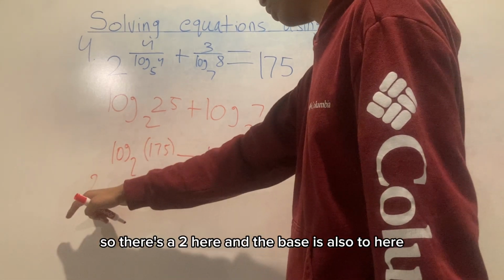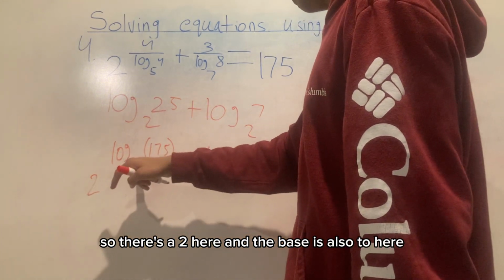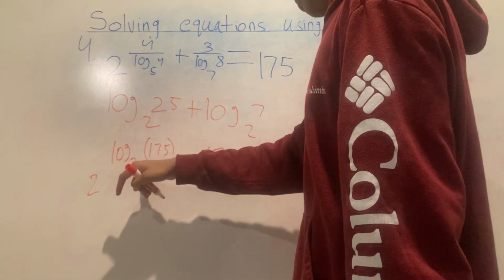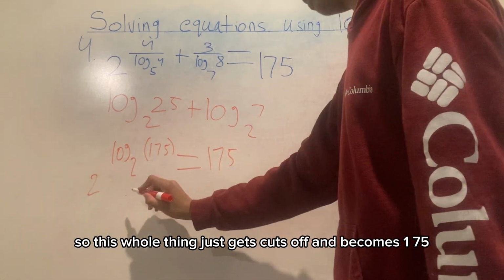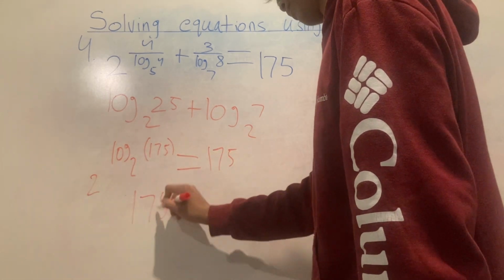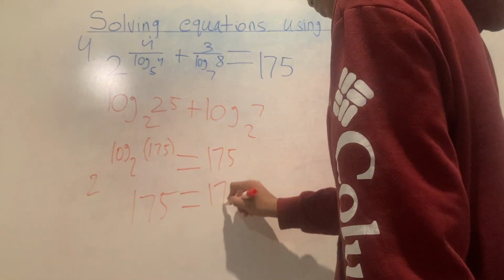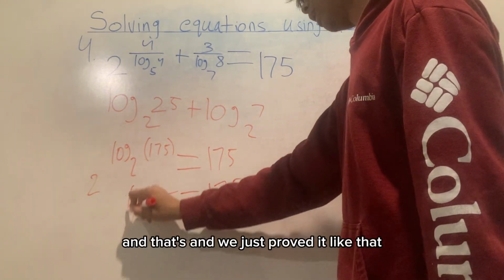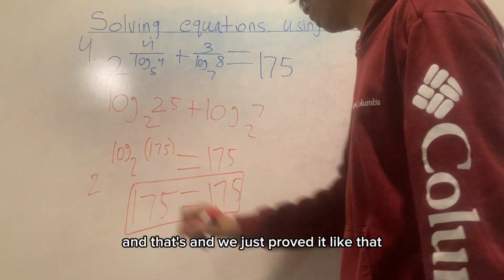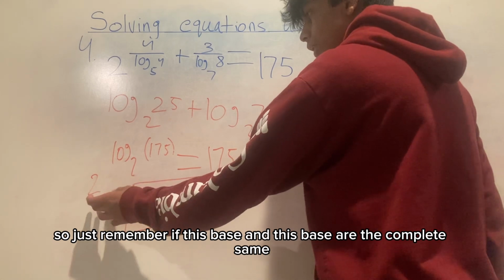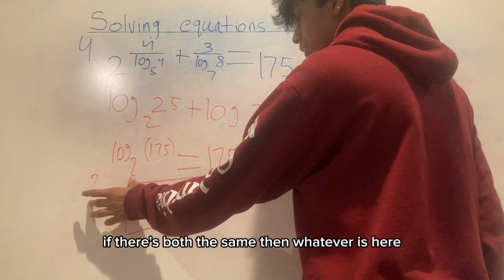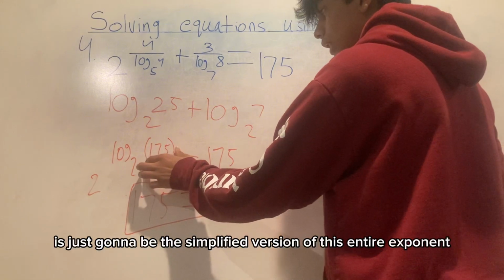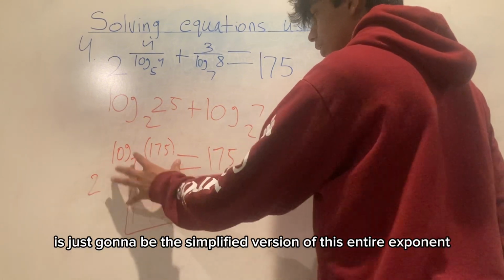So there's a 2 here, and the base is also 2 here. So this whole thing just cancels and becomes 175. And we just proved it like that. So just remember, if this base and this base are the same, then whatever's here is just going to be the simplified version of this entire exponent.